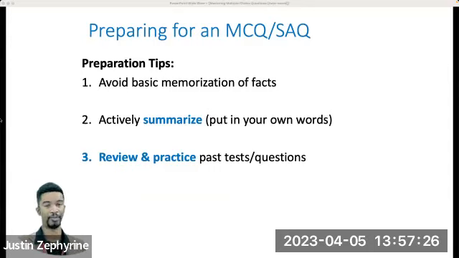So for example, let's say I'm looking at coastal environments in geography. And I can't remember the types of waves, right? The constructive waves, the destructive waves, etc. Then you know what I will do? Just go to a beach and see for myself what happens, and then try to put in my own words or explain what is happening at that coastline.